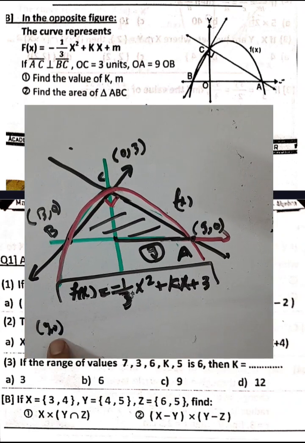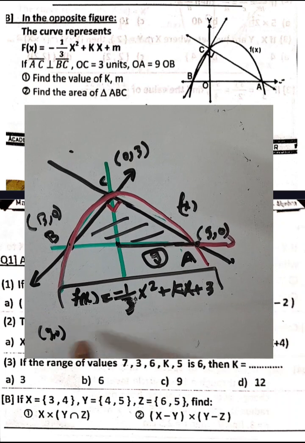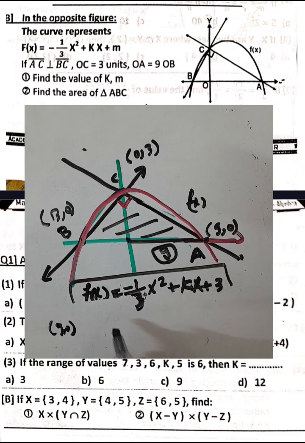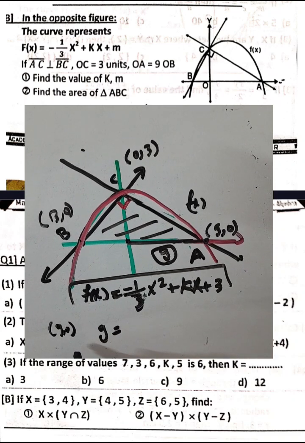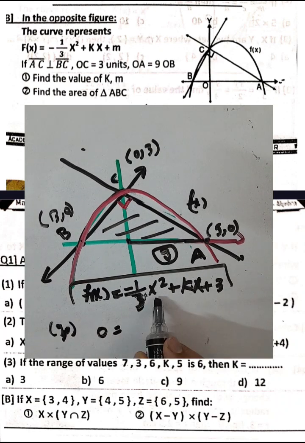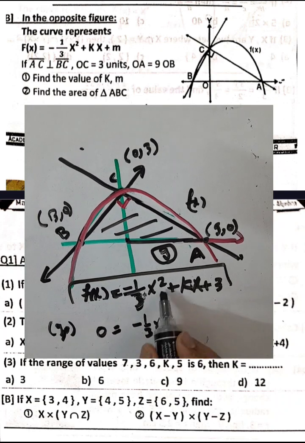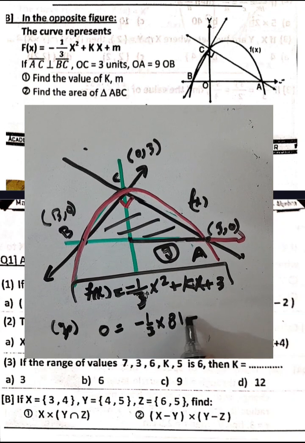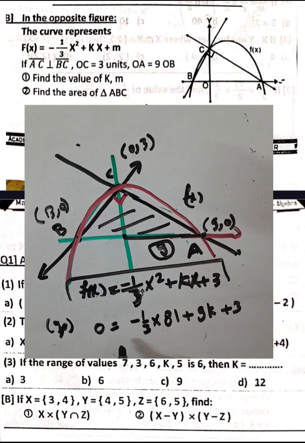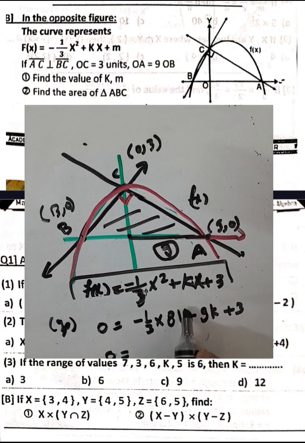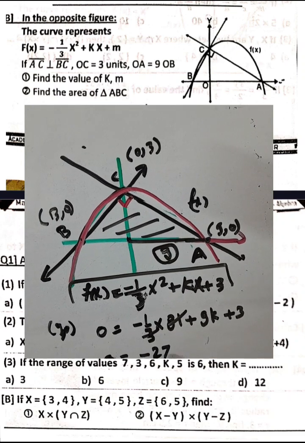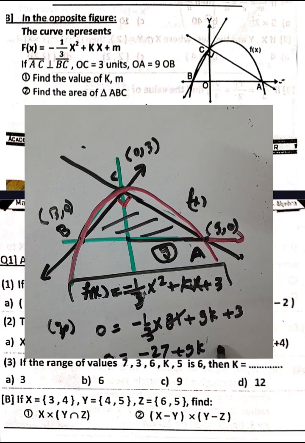Put the point (9, 0) in this equation to find the value k. We have y equal f of x and x equal 9. Negative third times 9 power 2, it will be 81, plus 9 times k plus 3. So 0 equals 81 divided by 3, which is 27, negative 27 plus 9k plus 3.